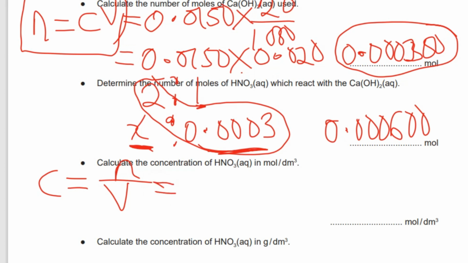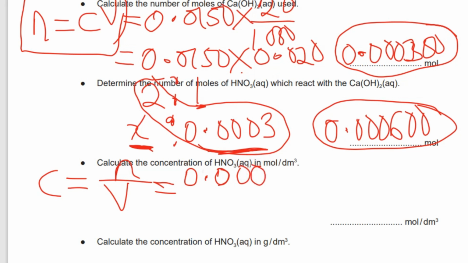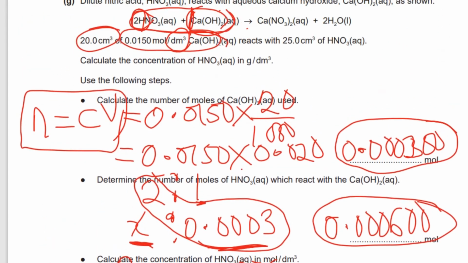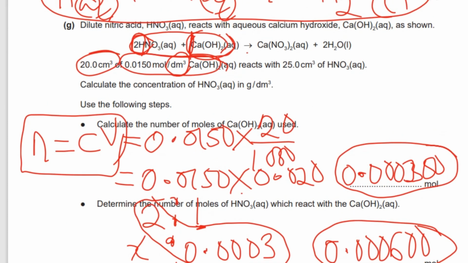The mole of nitric acid has been calculated to be this, so you have 0.0006 all over the volume of the acid used, the volume of acid it reacts with.